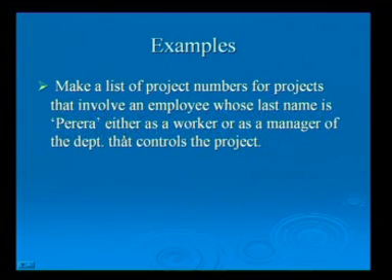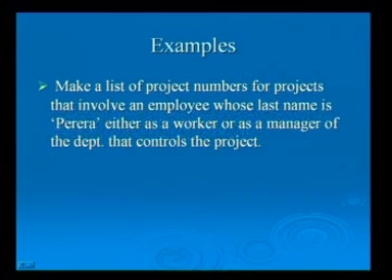The next example would be to find a list of project numbers for projects that involve an employee whose last name is Pereira, either as a worker or as a manager of the department that controls the project. So, here you have to find out two things.